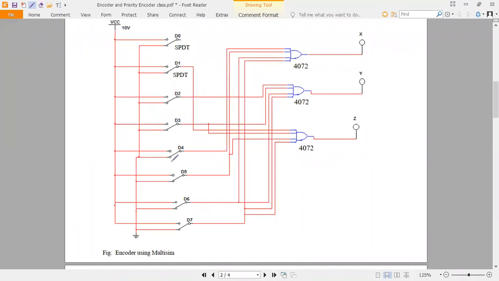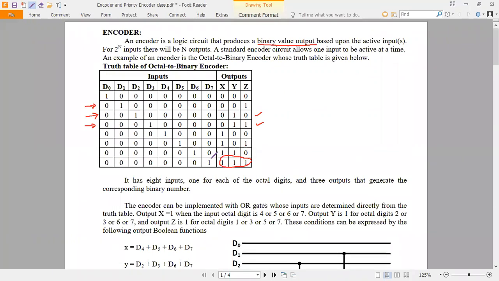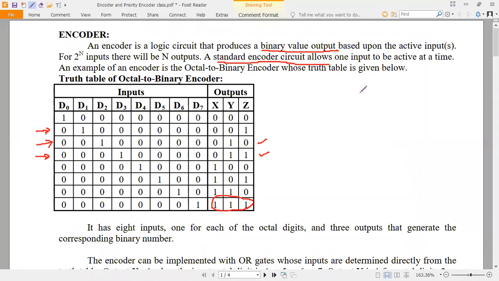So one important point is the standard encoder circuit allows only one input to be active at a time. Active means logic 1.